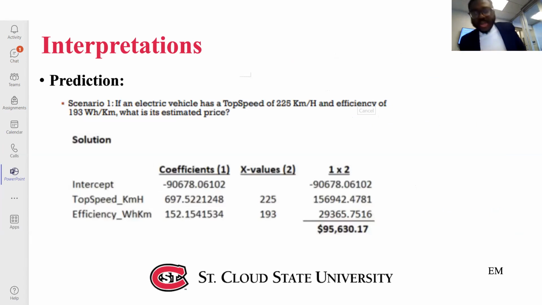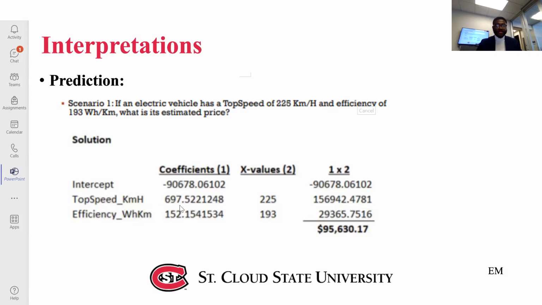So let's use two scenarios to make predictions, or to estimate the price of a vehicle. In scenario one, we said that if an electric vehicle has a top speed of 225 kilometers per hour and an efficiency of 193 watt hours per kilometer, what is the estimated price? Our intercept is going to be a constant, so we don't have an X value for that.